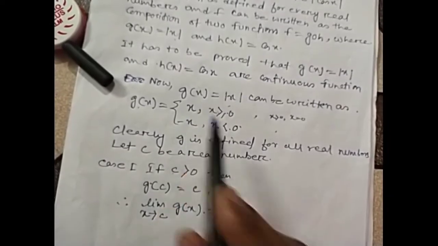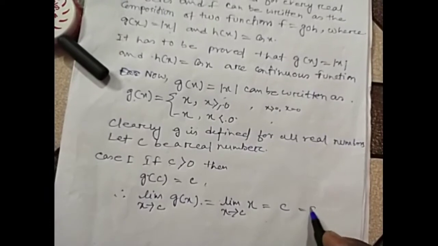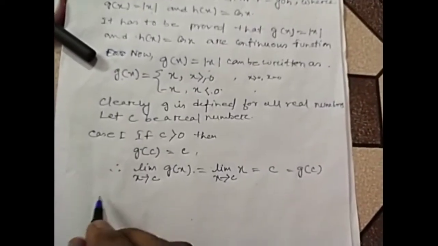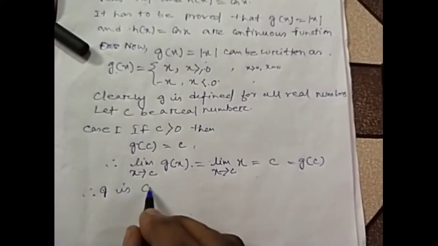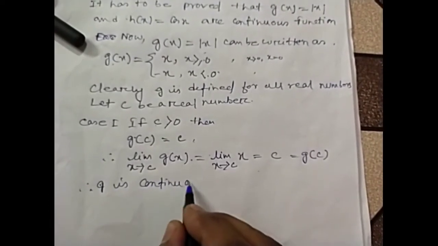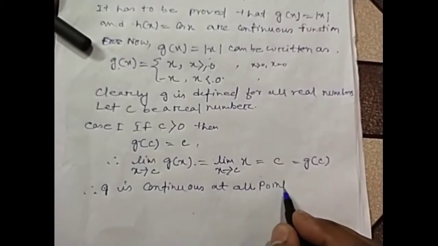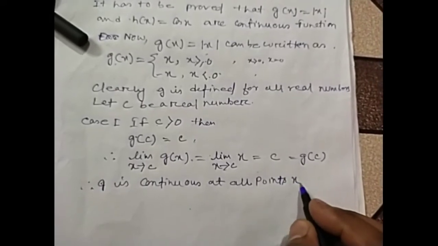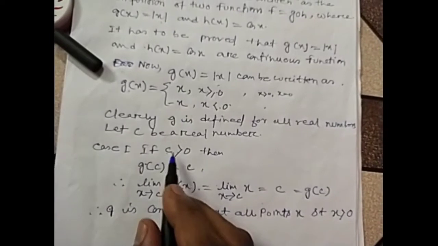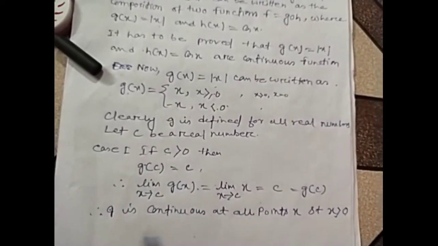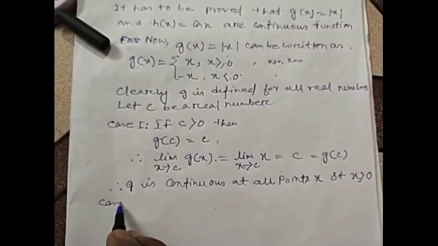So it will be x only, so this is c, which is equal to g(c). Therefore g is continuous at all points x such that x greater than 0. This is the first case.